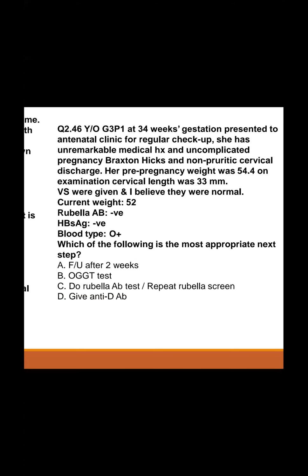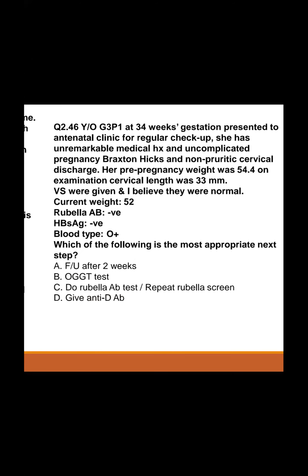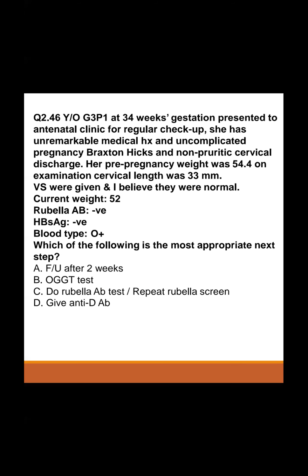Okay. Question two: a 46-year-old, gravida 3 para 1 at 34 weeks gestation, presented to the antenatal clinic for a regular checkup. She has an unremarkable medical history and an uncomplicated pregnancy. Braxton Hicks and non-pruritic cervical discharge. Her pre-pregnancy weight was 54.4. On examination, cervical length was 33 mm.